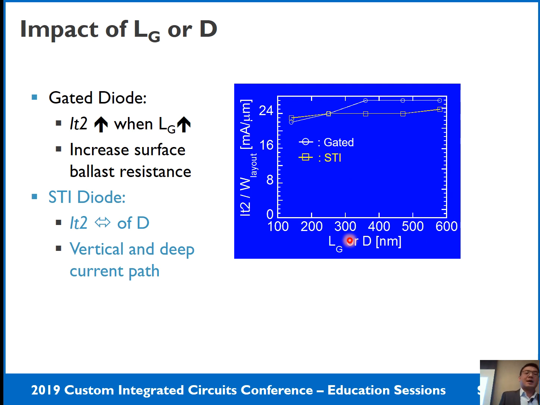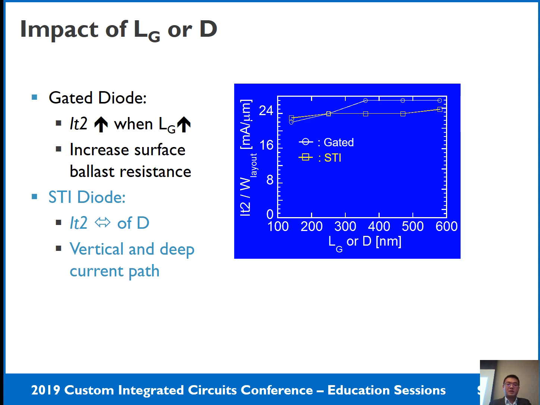Now let's look at the impact of the gate length or the anode-cathode distance. In the gated diode, the It2 value first increases with increasing gate length from the small to the medium gate length, but finally it saturates.